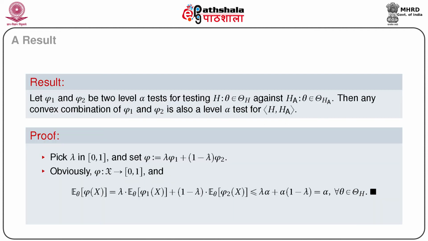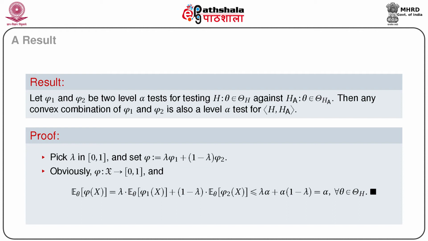Now we are going to discuss a very interesting result on critical function. Let phi1 and phi2 be two level alpha tests for testing H against HA. Then any convex combination of phi1 and phi2 is also a level alpha test for testing H against HA.